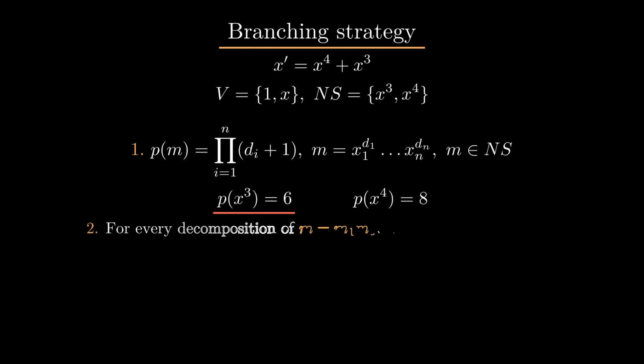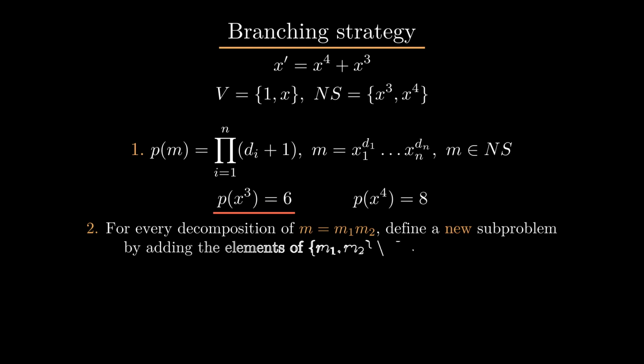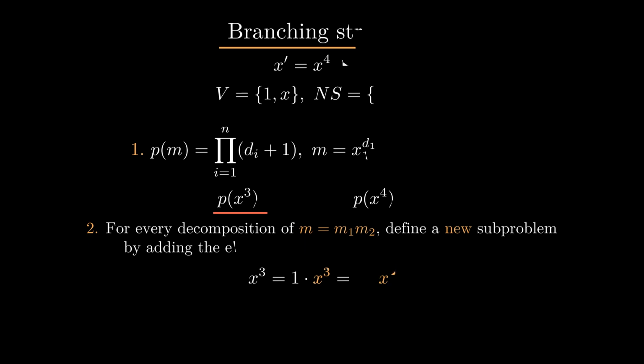And for every decomposition of the chosen monomial as a product of two monomials, we define a child subproblem by adding the decomposition factors to the generalized variables V. In our case, the new subproblem will add x squared and x cubed. We choose the score function p because it is twice the number of representations of a monomial, and therefore we can minimize the branching factor by minimizing the score function.